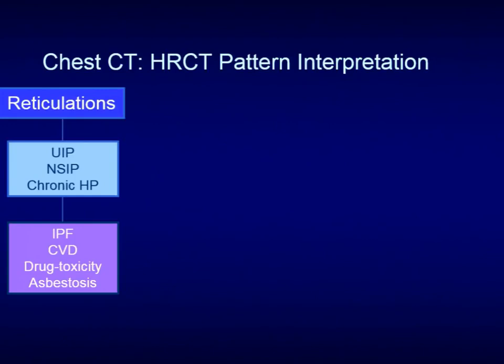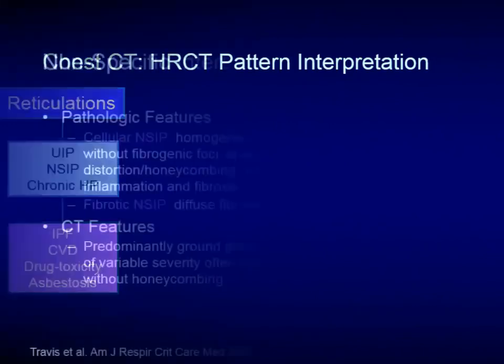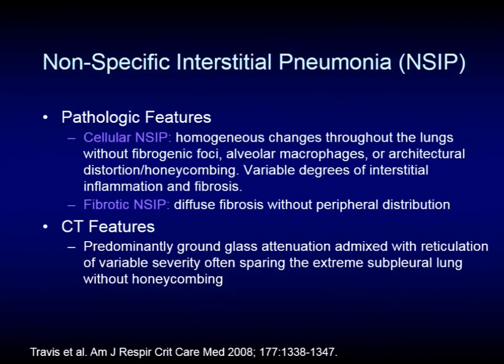Okay, so we're still in the gamut of reticulations, and so we'll talk a little bit about NSIP. Unlike UIP, the pathologic features can be divided into cellular and fibrotic NSIP, and again, unlike UIP, we're going to see a temporally and spatially homogeneous disease with a lot more inflammation without the characteristic fibroblastic foci.